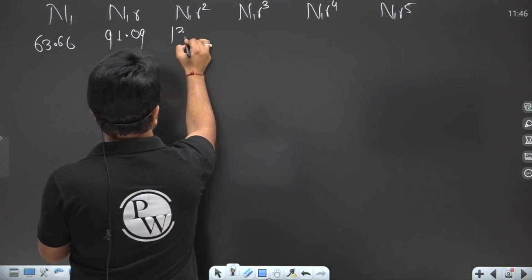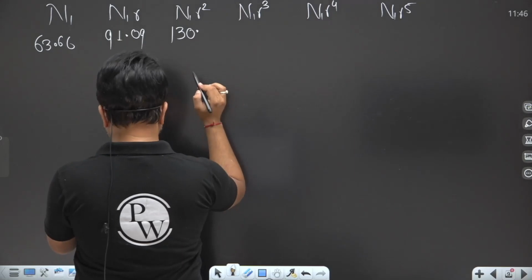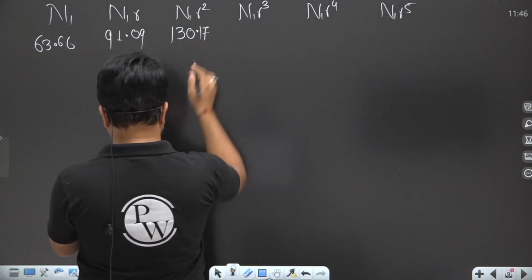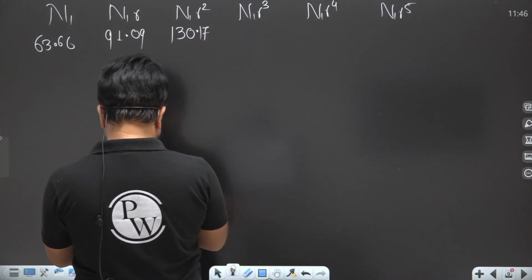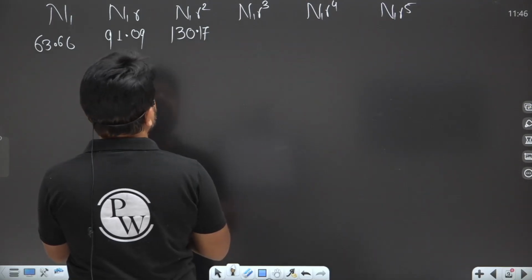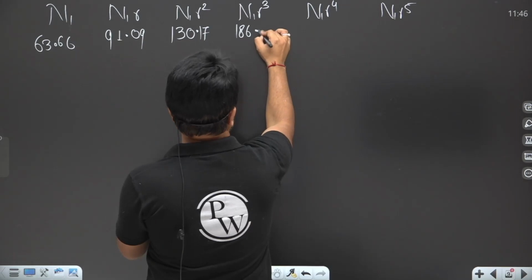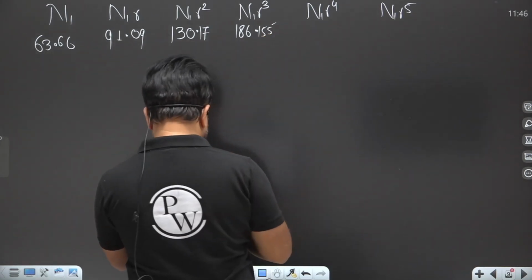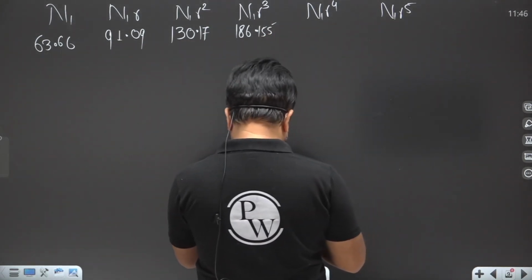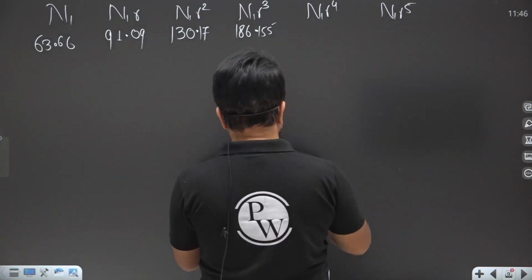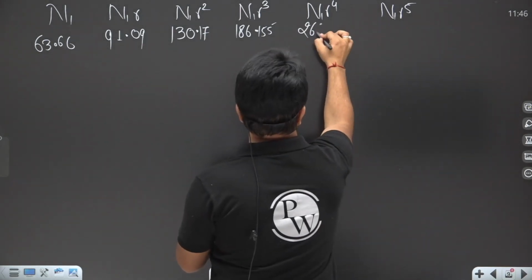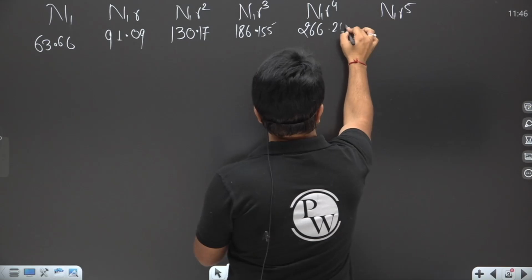130.17. Now to the power 3, 186.155. Now to the power 4, 266.20.